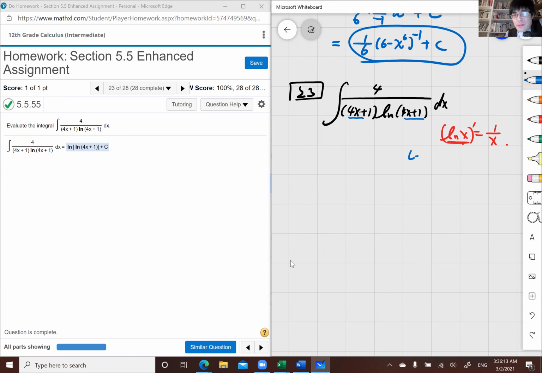So let u equal the entire ln of 4x plus 1. Then du is 4x plus 1 on the bottom, and the derivative of this one is 4 dx. So you see, this is all here, okay?